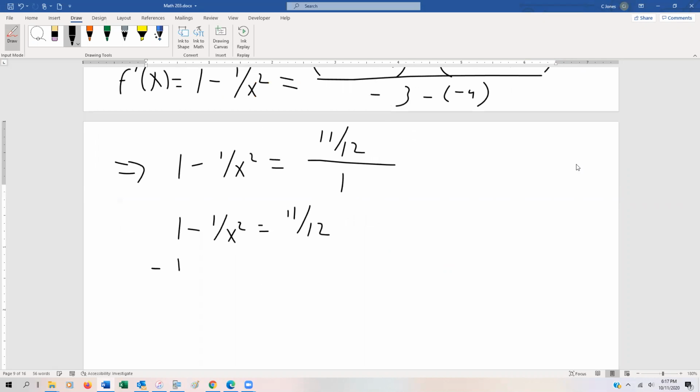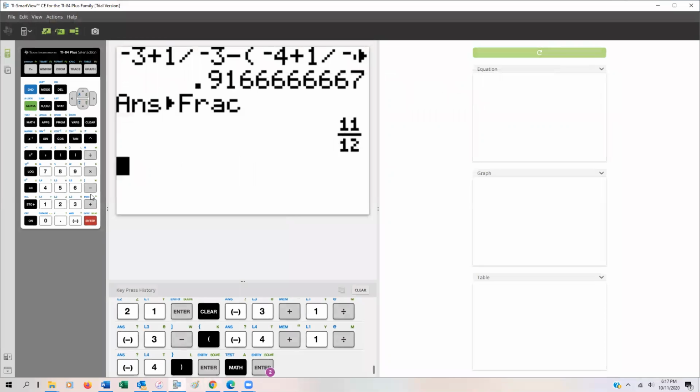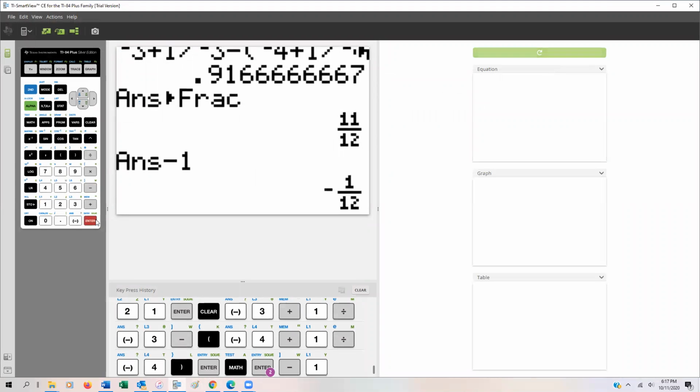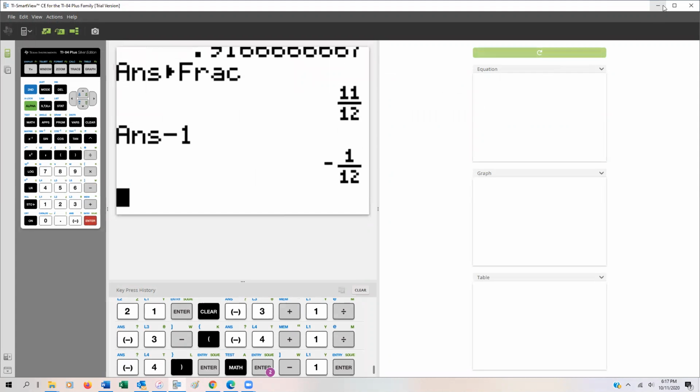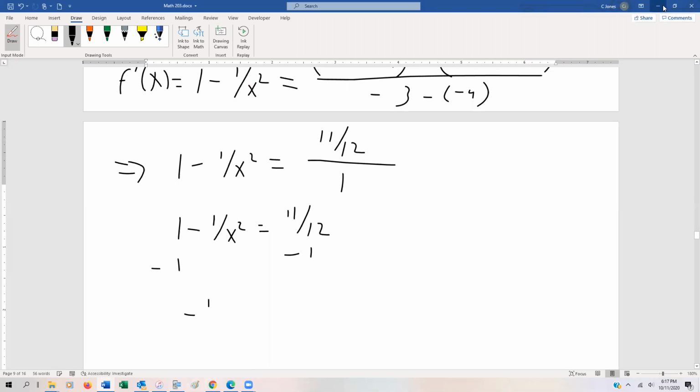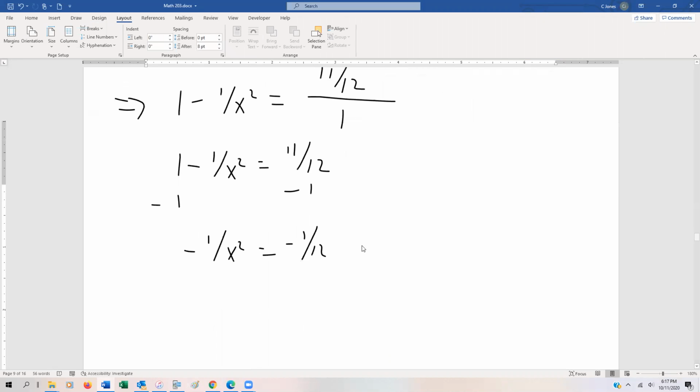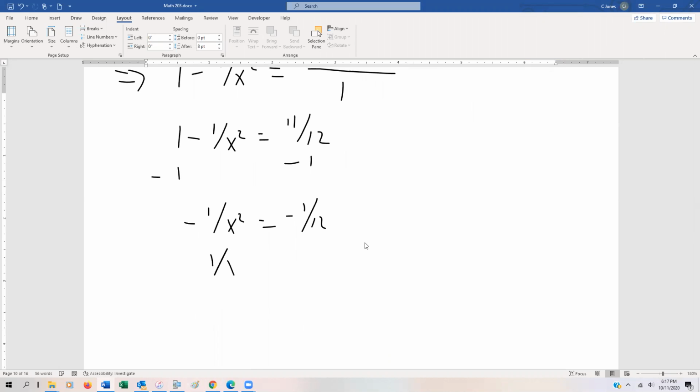We could subtract 1 from both sides, right? And that gives us -1/12. So minus 1 over x squared equals -1/12. We can multiply both sides by -1. So 1 over x squared equals 1/12.